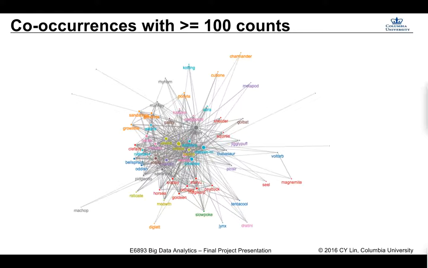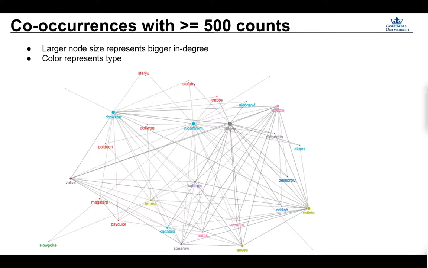This is actually already filtered down to more than 100, but you can see it's still very dense. So we decided to do some further filtering, and we specified that we only show edges when two Pokemons co-occur more than 500 times. And now the graph becomes much easier to read. You can see these are different kinds of Pokemons, and the color of the node is about their type.